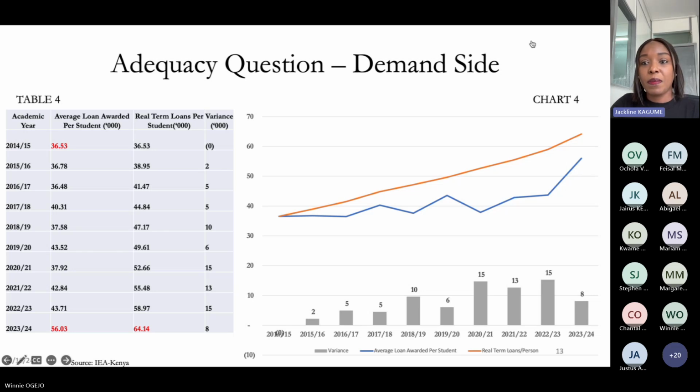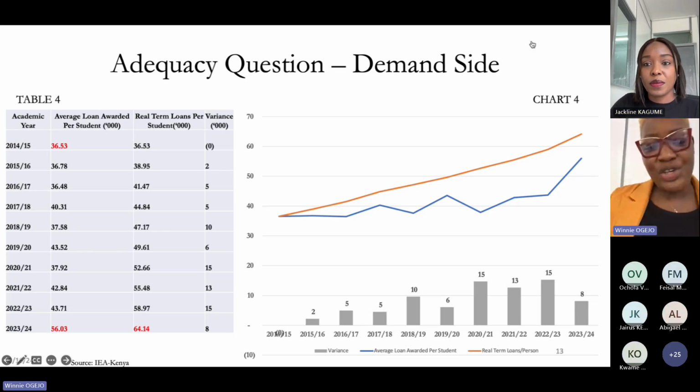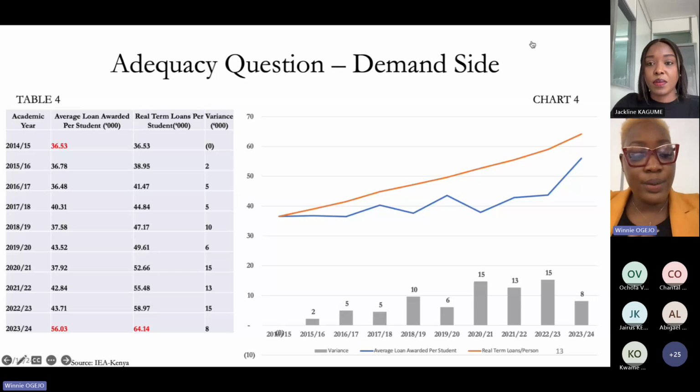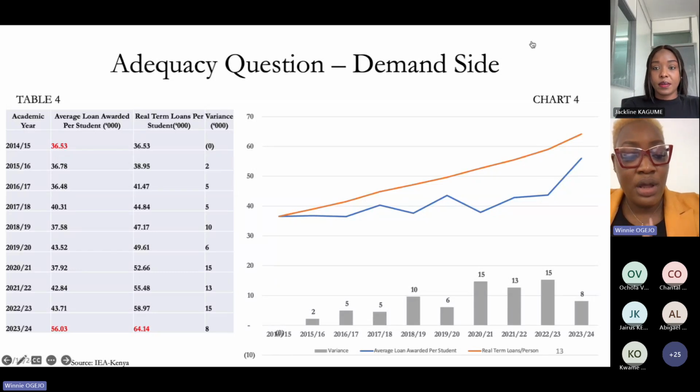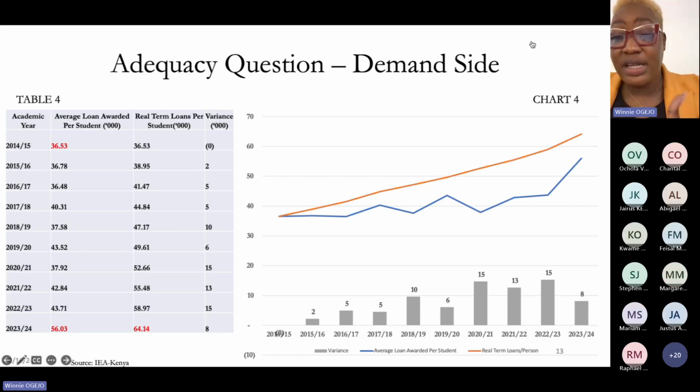So Winnie. All right, thank you, Jackie, and thank you, everyone. So just to respond to the two last questions. In terms of our methodology, we are cognizant of the fact that there are other factors that affect price change, but the major factor is usually inflation.